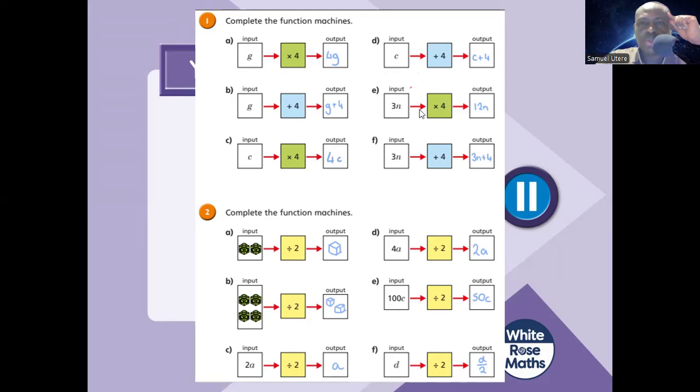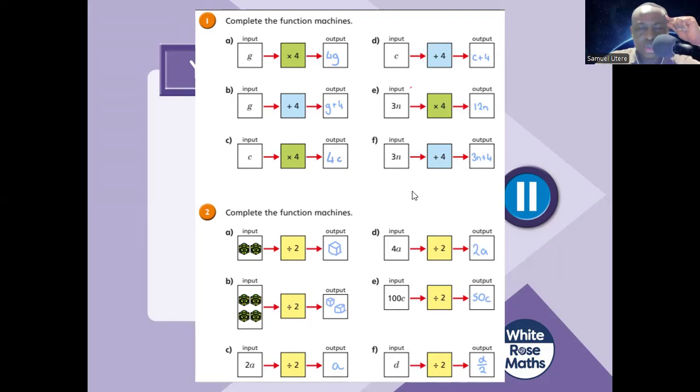The numbers will multiply each other and you simply write the letter next to it. Then this one, you can just write 4c. So you write the number next to the letter. And then this one, if you add in the bars, you can simply just write 3n add 4.